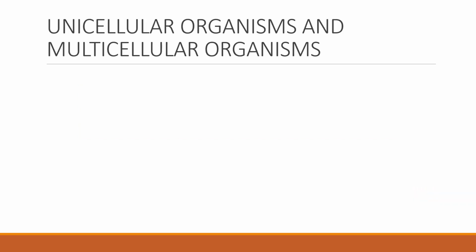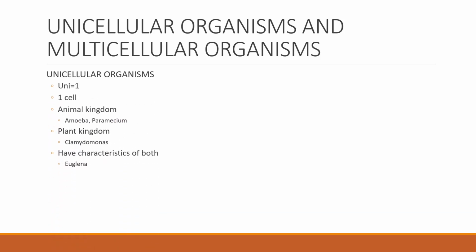So now we'll be learning about the unicellular organisms and multicellular organisms. Of course, you won't be learning it in detail, it'll be just the surface of it. Alright, so unicellular organisms. Uni means one, so unicellular organisms means one cell organism. Examples from the animal kingdom are amoeba and paramecium.